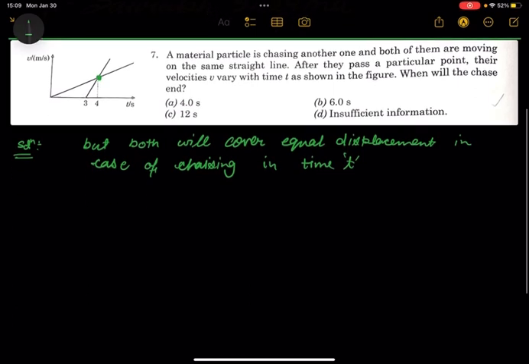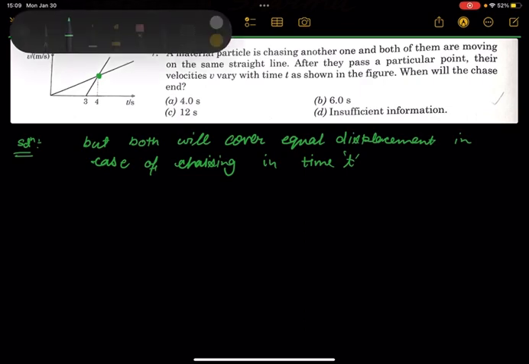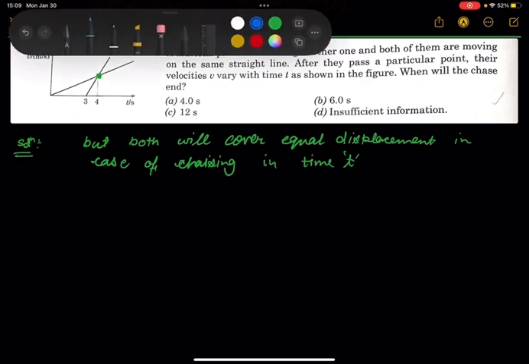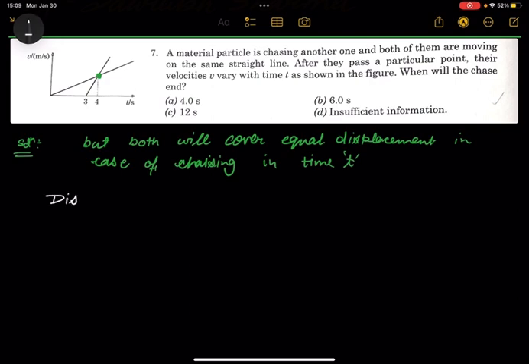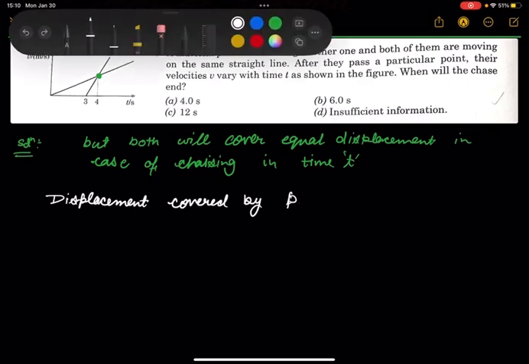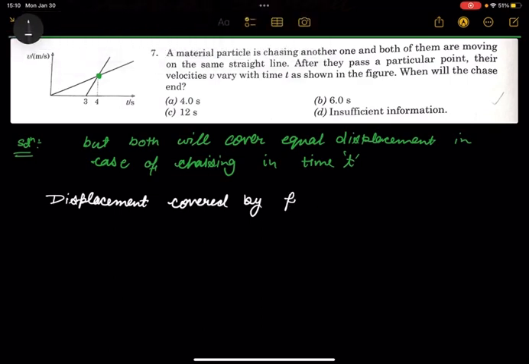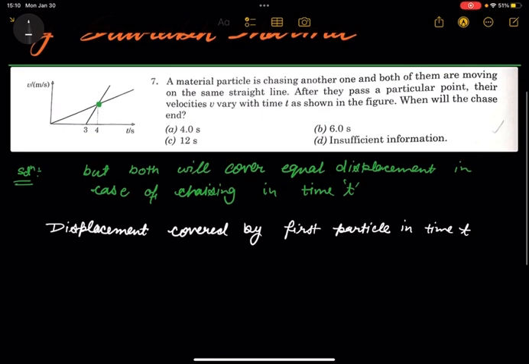So simply we can write the displacement covered by the first particle from 0 to t in time t is nothing but the area under the curve.